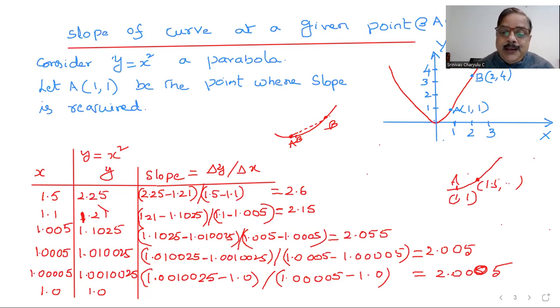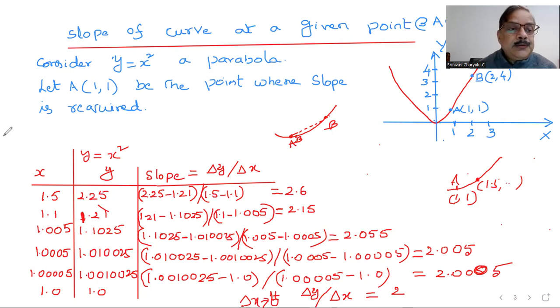Almost it will be tending towards 2. So delta y by delta x, as delta x approached 0, is now tending to 2, as the difference is becoming smaller and smaller.